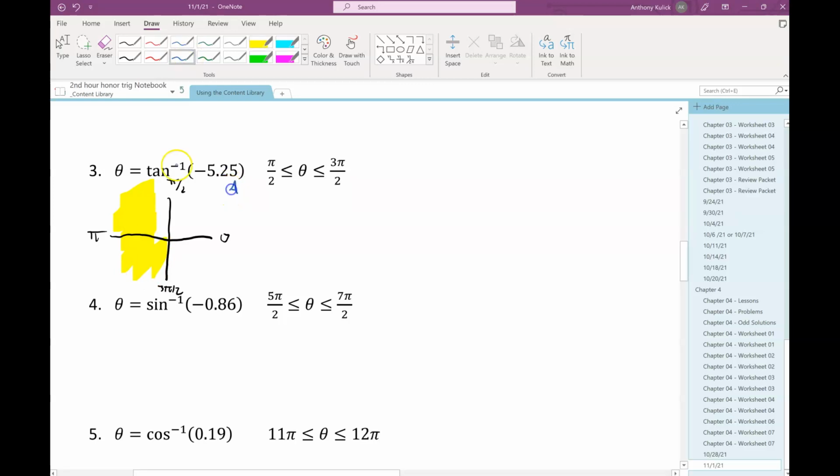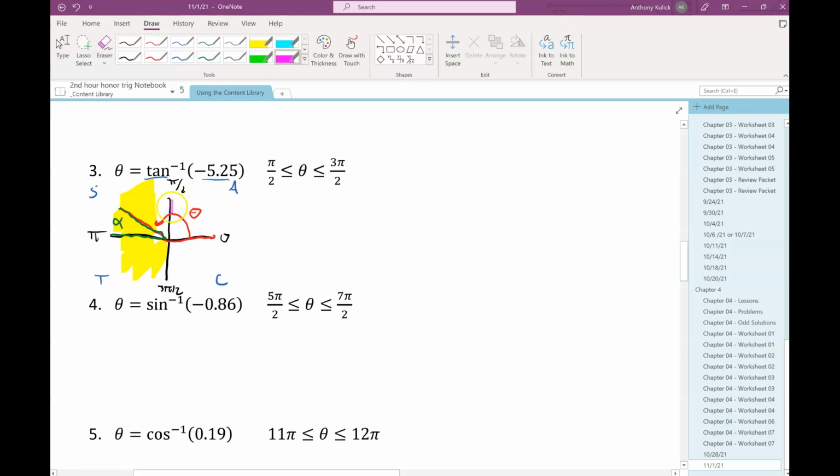And then using all silly turtles crawl, I know that tangent is negative only in quadrant 2. So there's my theta. So far, so good? Yep. Okay. The alpha is always between the terminal side of theta and the x-axis, the acute angle there.